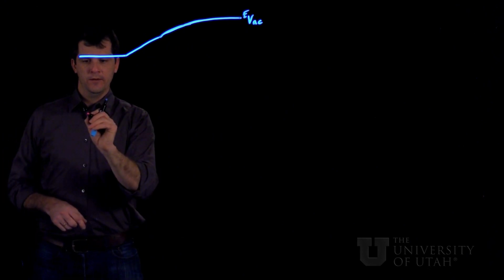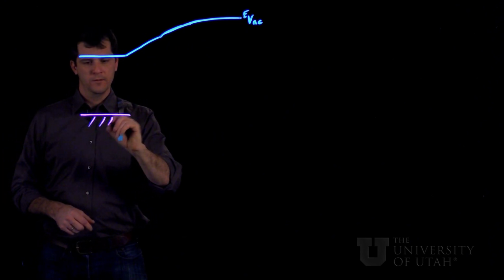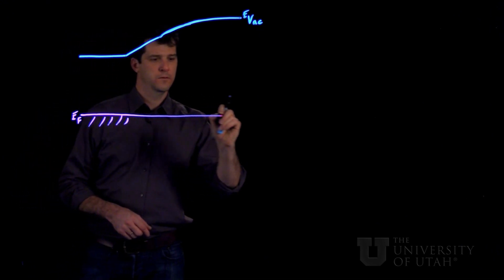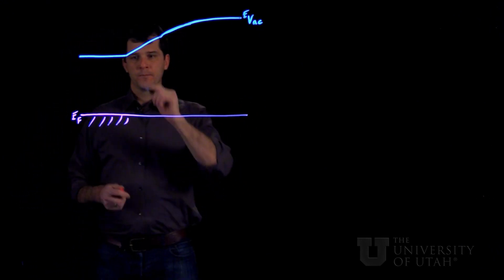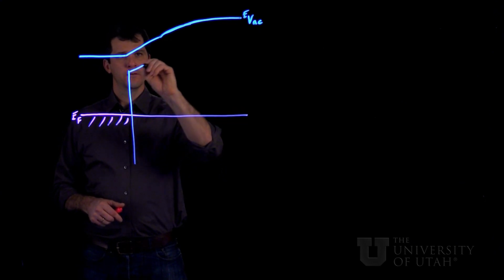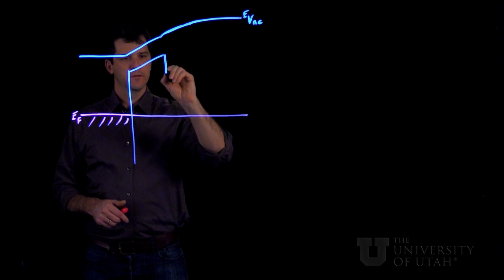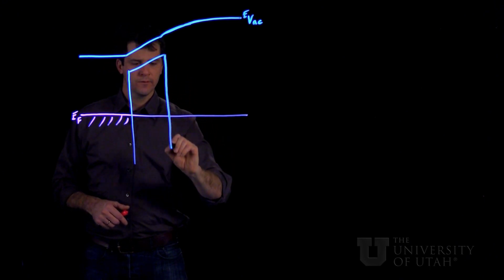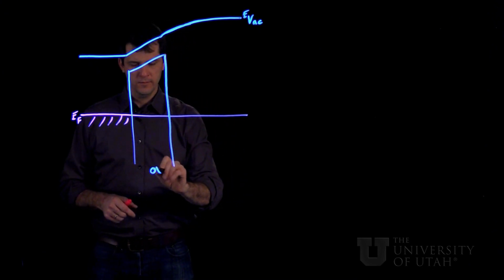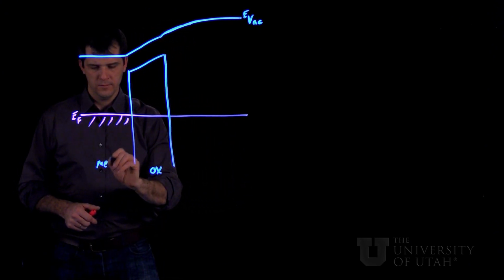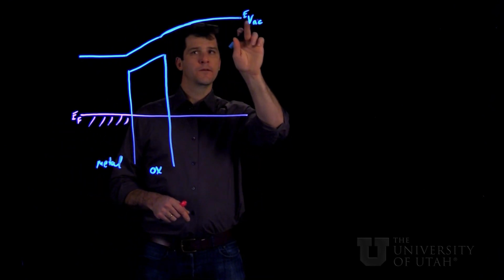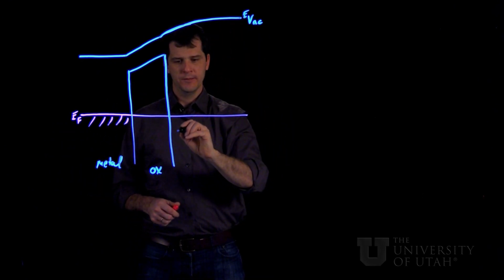So our metal side doesn't change. Our oxide now has a linear slope in its bands, which means that there's a constant E field inside the oxide. And our semiconductor, as you can see here, is going to develop a space charge region.